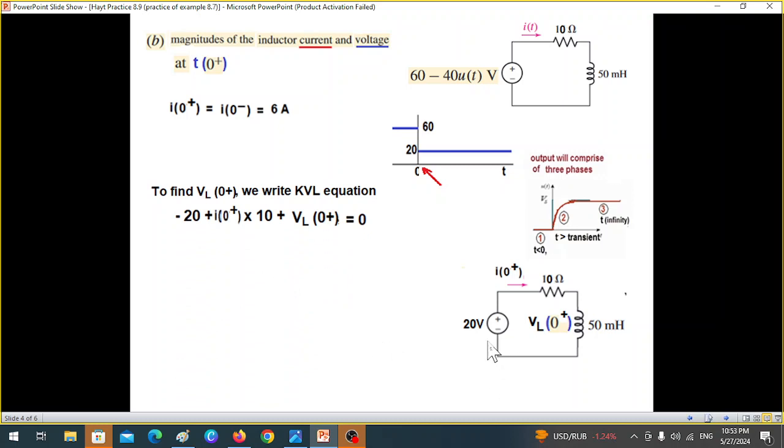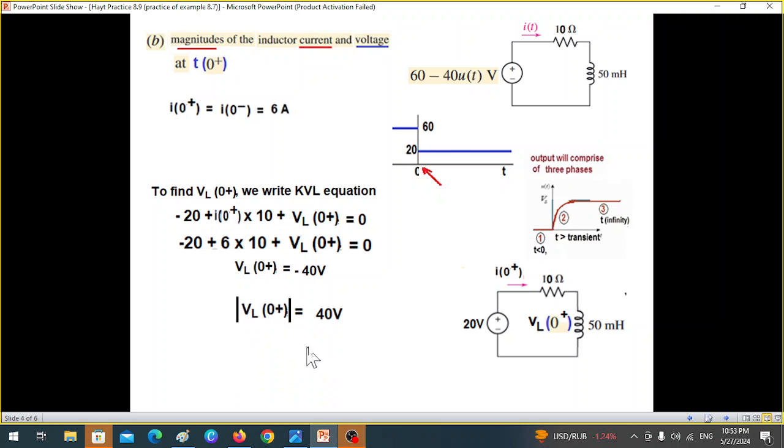So going from here, minus 20 current into resistance plus VL0. From here, we can calculate VL0. This is 6 into 10, so it will be minus 40. And now especially the magnitude is important, so we'll take the magnitude of this, which will be plus 40. And that is the answer given.